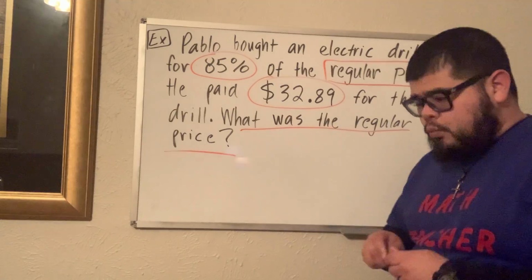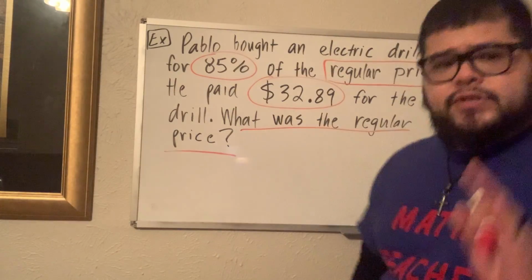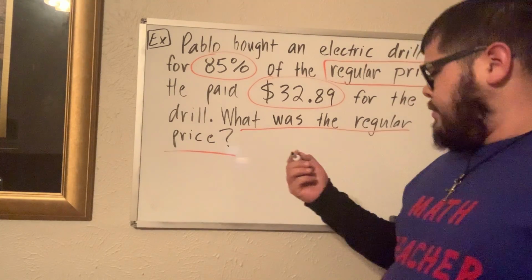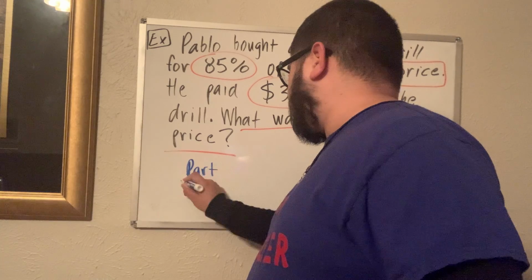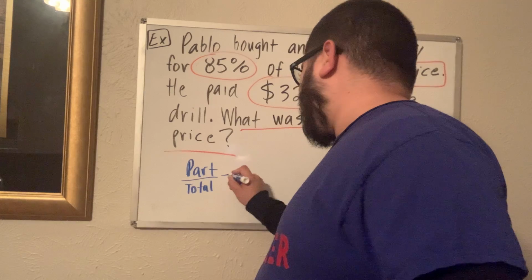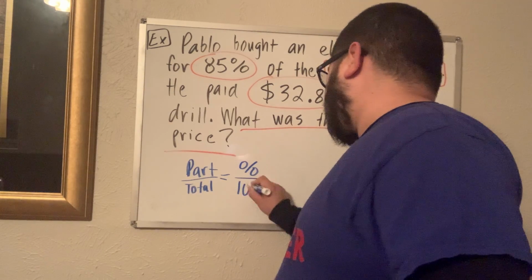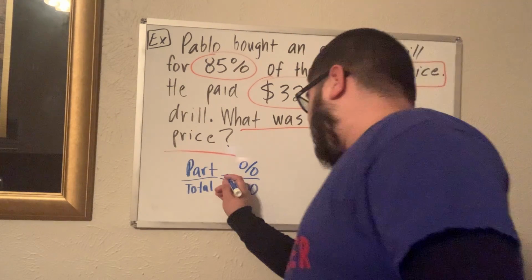So we are going to need, in another color, the percent equation or the percent proportion, right? And here it goes. So part over total equals the percent we know over 100. Okay, let me put the equal sign a little better.